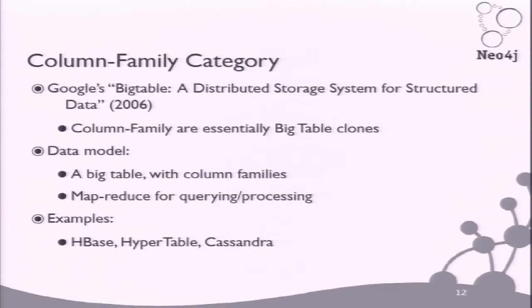The second category, column families, were all inspired by a system called Bigtable. Google also published an academic paper saying, hey guys, we've also been able to push our systems to some scale, and we did this by not throwing away the relational database. They're an infamously huge user of MySQL, Google is.